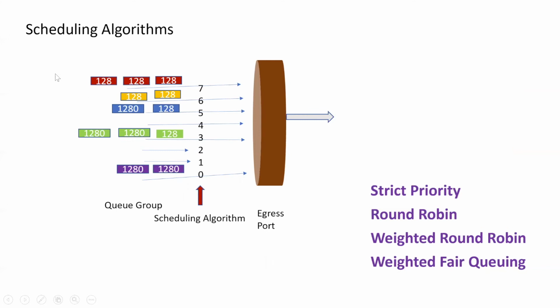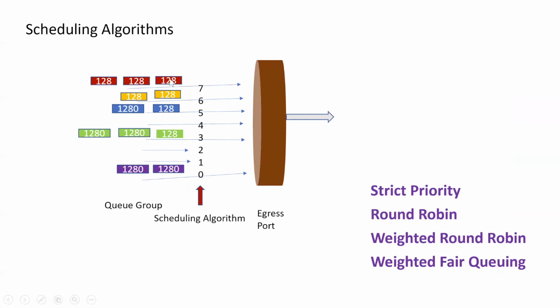And then say another red packet came in before we serviced the 3rd packet, the blue packets on with priority 5. We'd send the newly received red packet that was on Q7, and then we'd service port 5, port 3, port 0. So you're always going to send whichever frame is on the highest priority, always. That's what strict priority is.